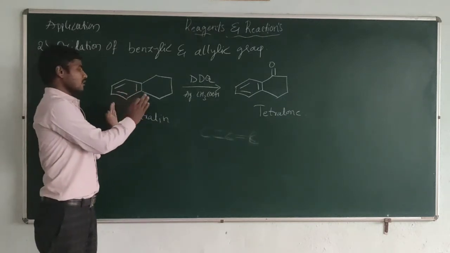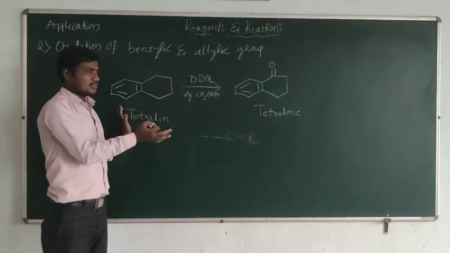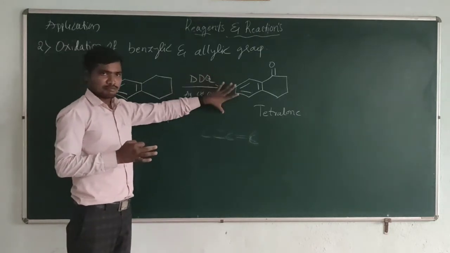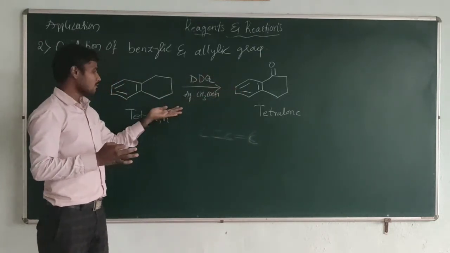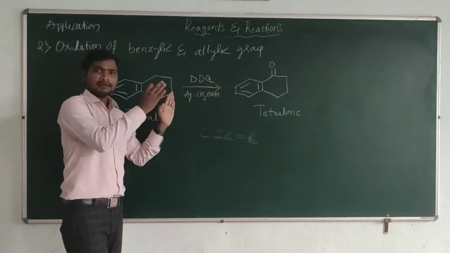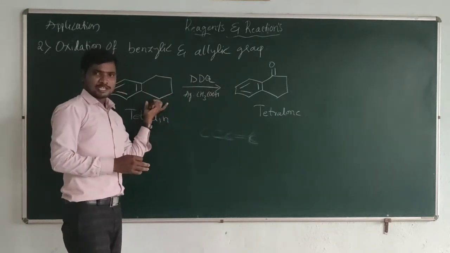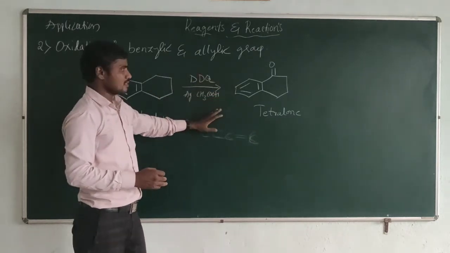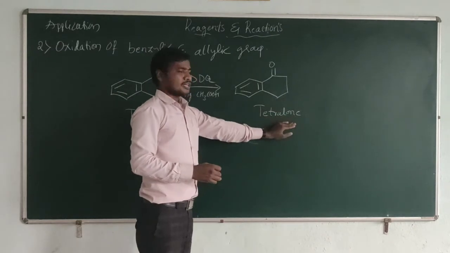In converting tetraline into tetralone, it forms an intermediate benzylic acetate molecule, which after hydrolysis converts into tetralone.